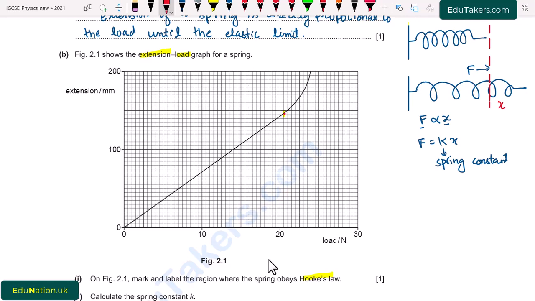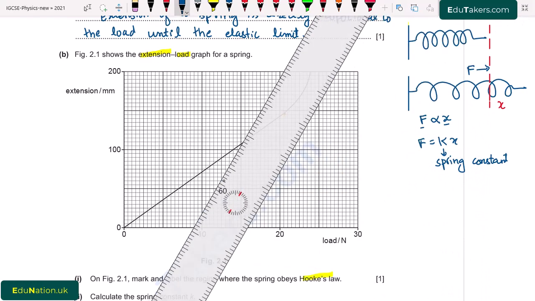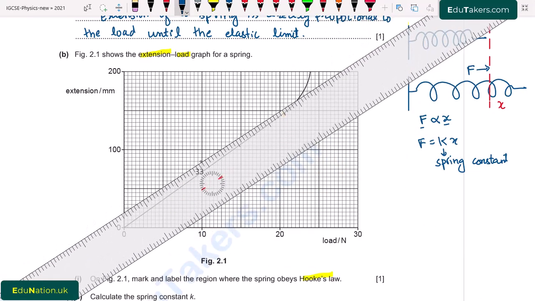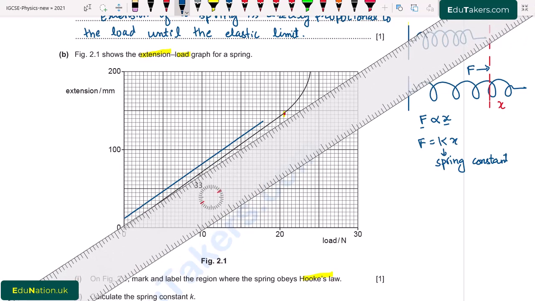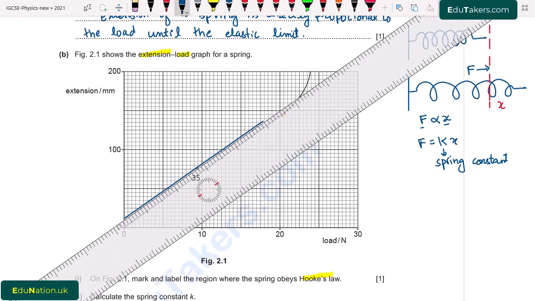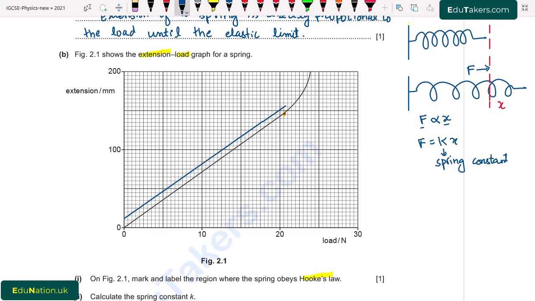So this is the region basically, and I will label it as, in this region, Hooke's law is obeyed.